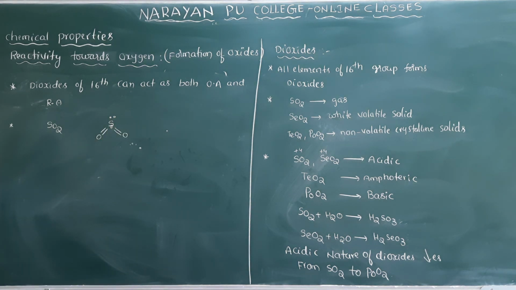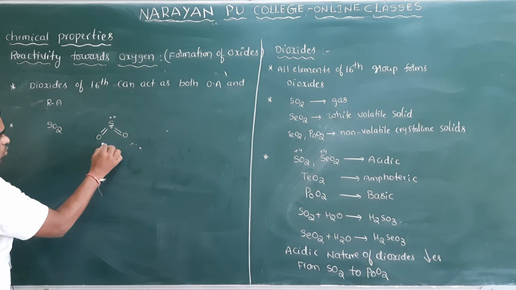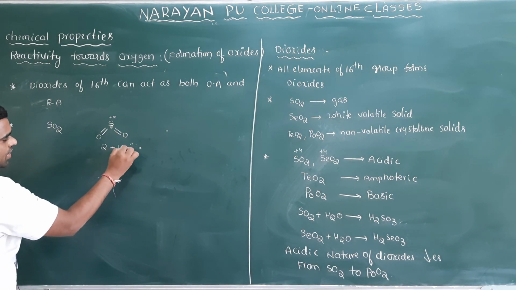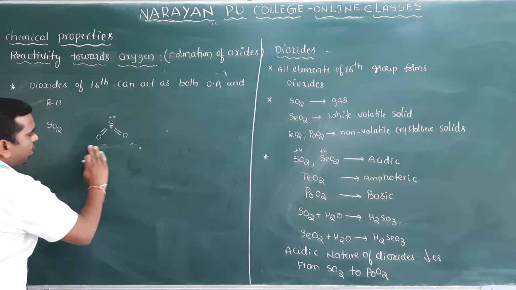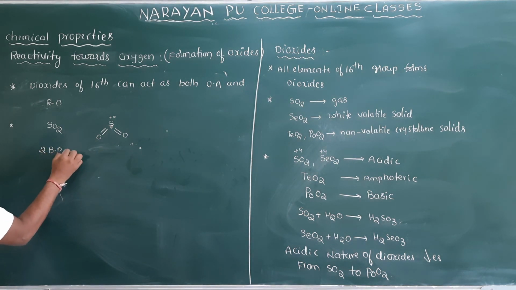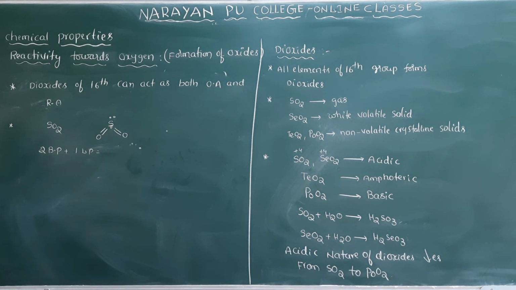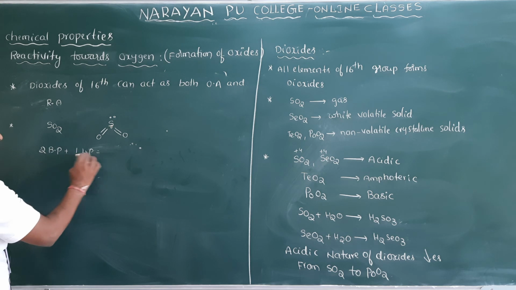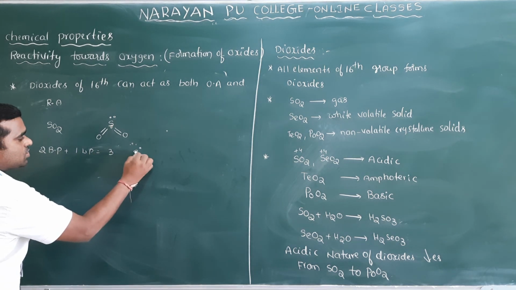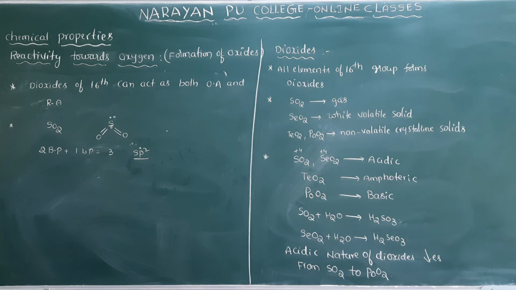How many sigma bonds are there? 2 sigma bonds, so 2 bond pairs plus 1 lone pair. Because we will not consider pi bonds in hybridization, you will get a total of 3. That means sp2 hybridization. But here you are getting 2 bond pairs and 1 lone pair.